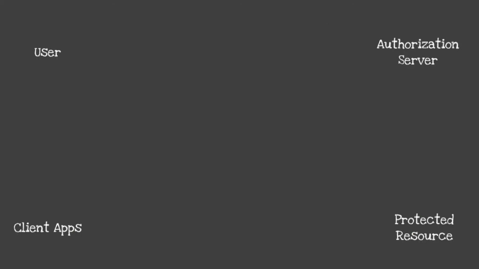So first of all, the client application sends an authorization request to the authorization server, and this is usually done from the browser. The user gets redirected from the client app to the authorization server. As the authorization request gets validated, the authorization server asks the user to verify identity, then consent.